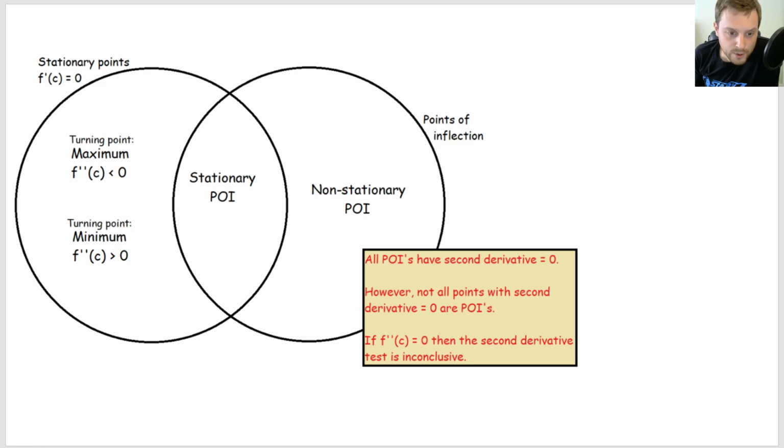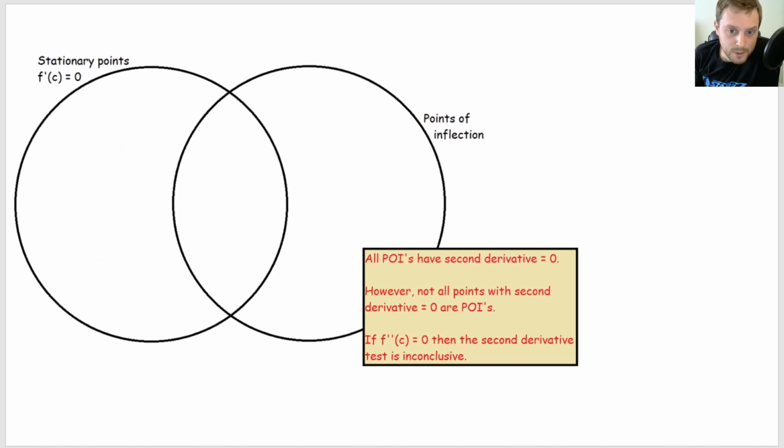And then I thought what I would try to do is, if I make those blank, I can fill in the possibilities. So we can have a maximum. So this is a maximum. Or we can have a minimum.